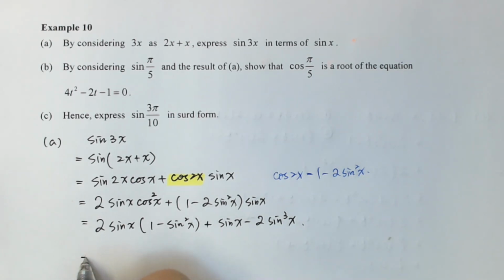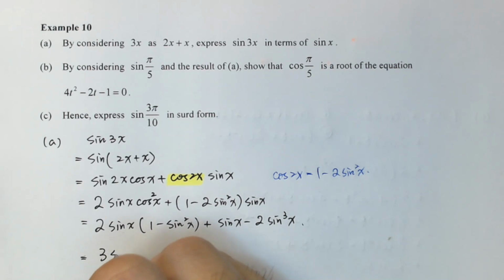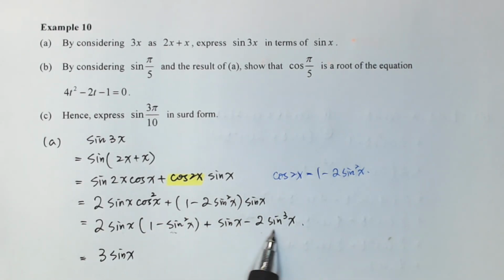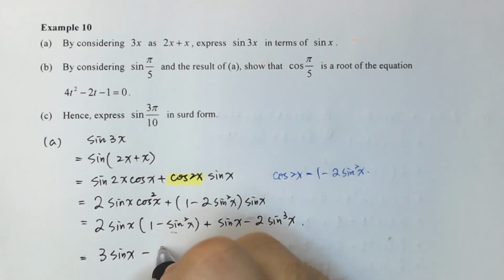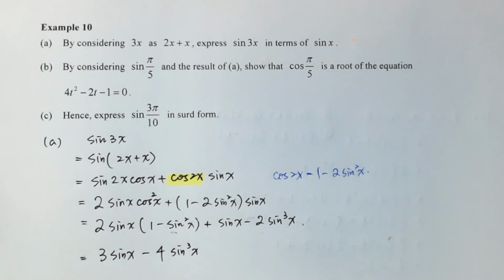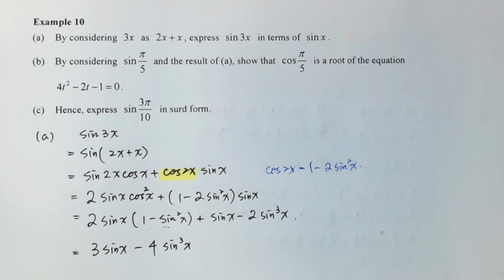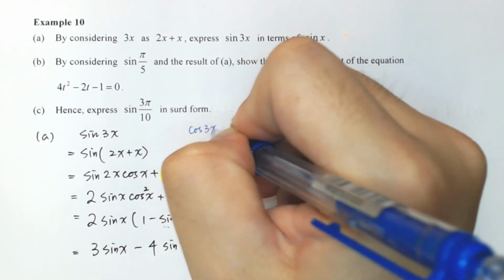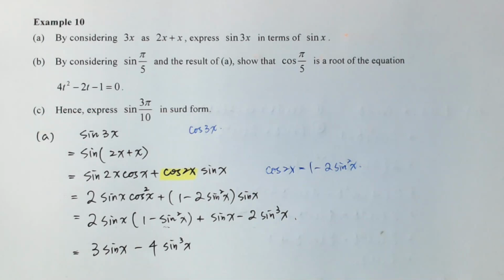In the end, we have 2 sine x plus sine x, that is 3 sine x, negative 2 sine cubed x minus 2 sine cubed x, minus 4 sine cubed x. Okay, so that's part A. And as practice, you can try to express cosine 3x in terms of cosine x. It's left for your practice.